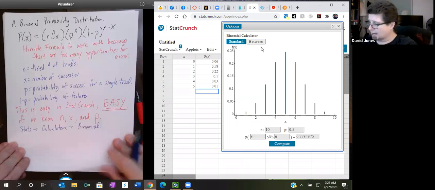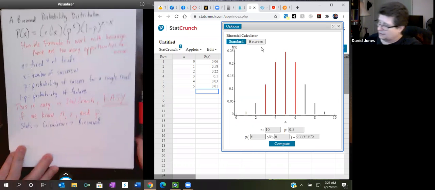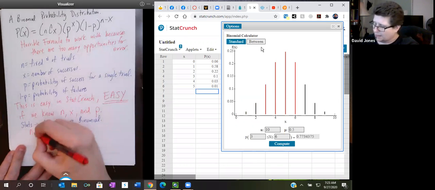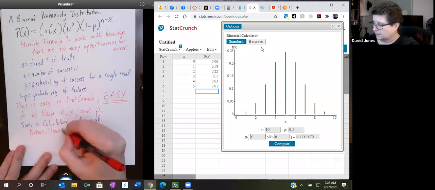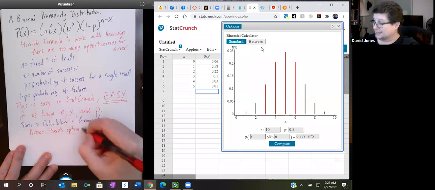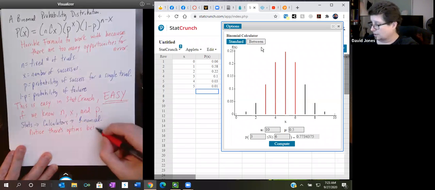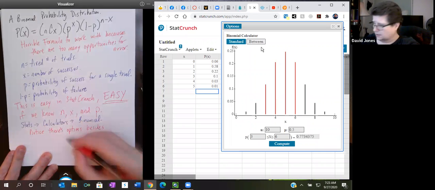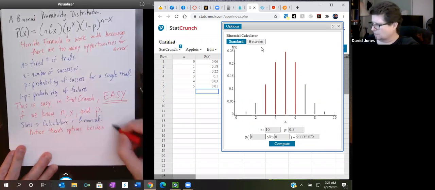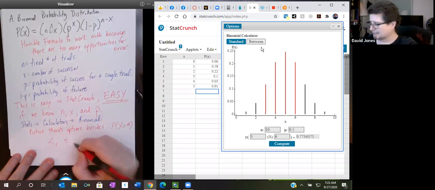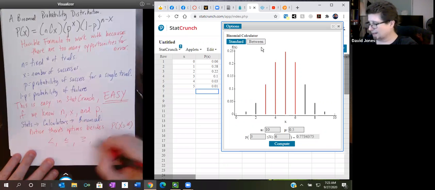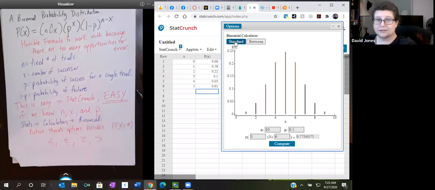Notice there's an option for the symbol. Notice there are options besides equal, probably with X equals a number. We have that symbol on the standard tab in the drop-down.